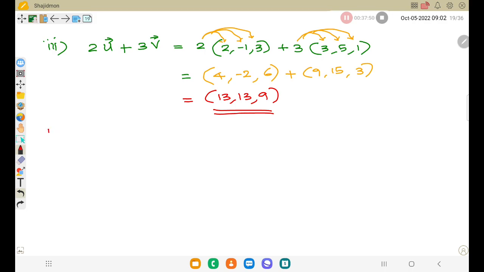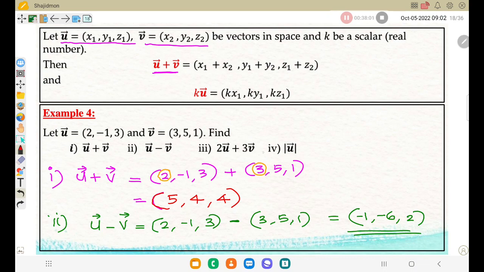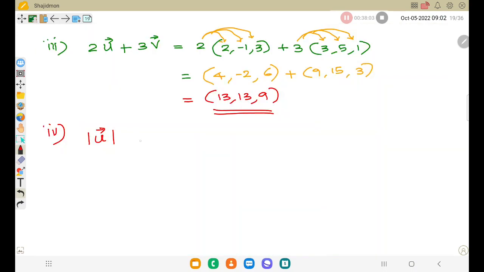Now we will go to the fourth part of the question: the magnitude of vector u. What is the magnitude of a vector? We studied the root of x power 2 plus y power 2 plus z power 2.